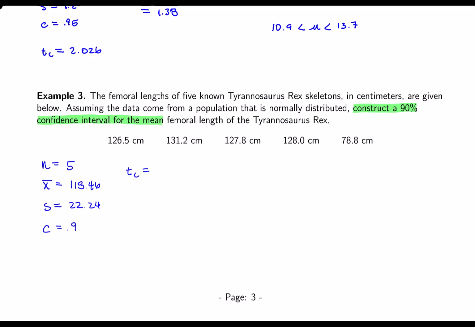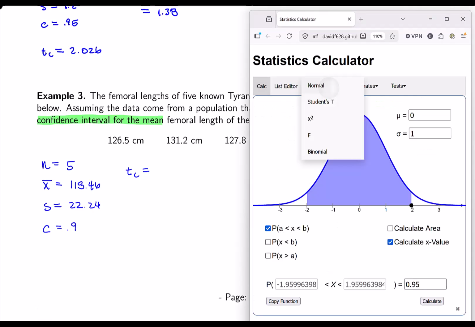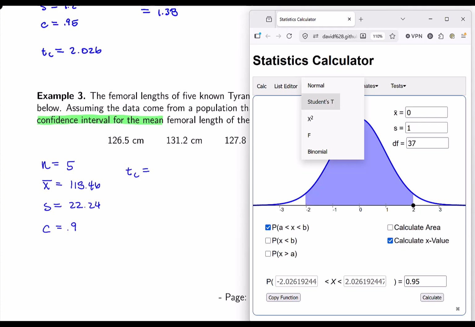The original population, however, we're told we can expect it to be normally distributed. This is a population from nature, so that's probably going to be the case. And the t-distribution then can be used. So go over here to Student's t.